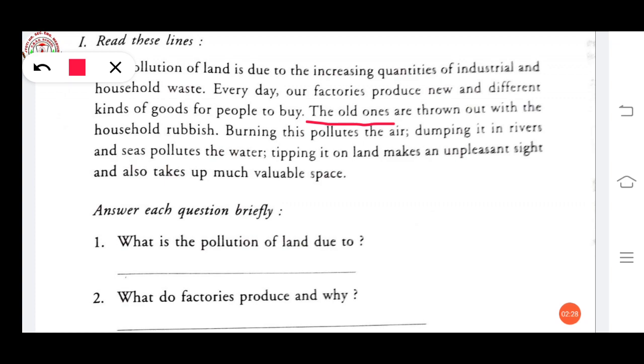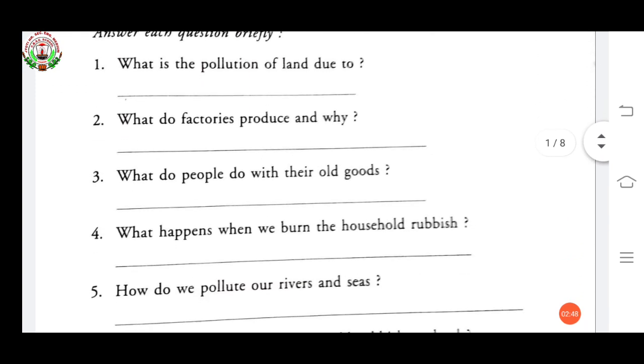The old goods are thrown out with the household rubbish. This much only you have to write. Only in the place of ones you have to write goods. The old goods are thrown out with the household rubbish.